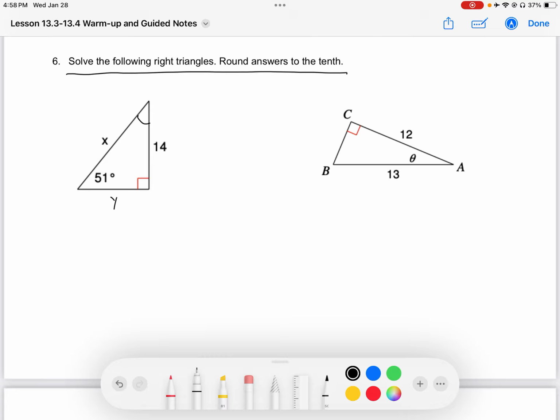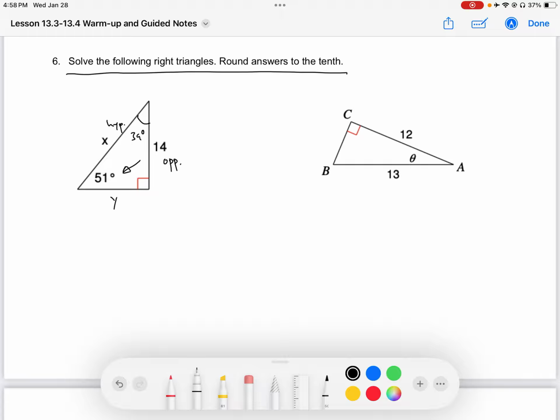So if this is 51 degrees and this is 90, I know that these two angles are complementary, these two right here. No, my pencil stopped working. And so what that tells me is that this angle is 39 degrees, 39, 40, 90, yes, 39 degrees. Okay, if I want to find side x, this is the opposite side to angle 51, and this is the hypotenuse.